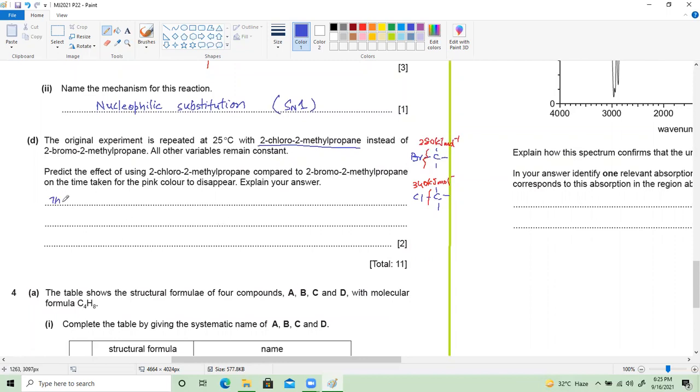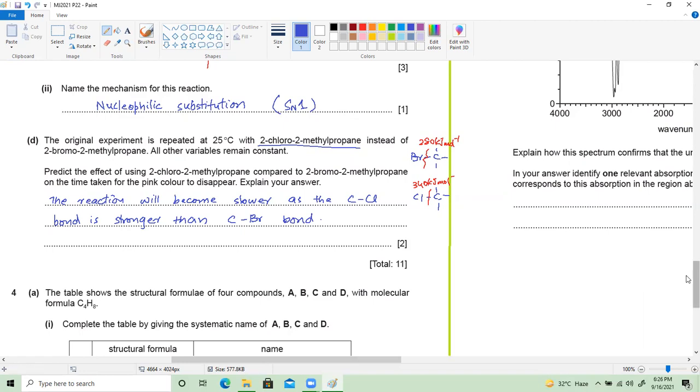The reaction will become slower as the carbon to chlorine bond is stronger than the carbon to bromine bond.